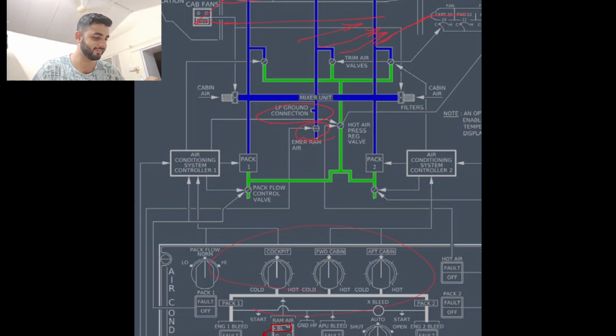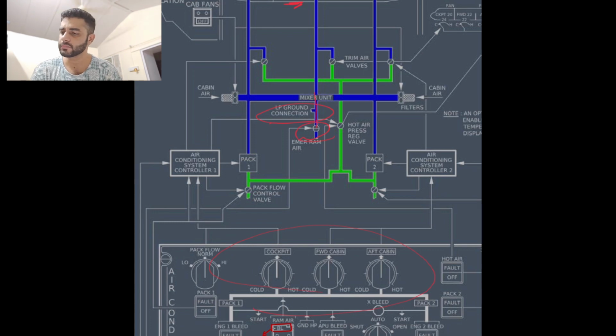Sorry. Supposing that's our aircraft, we have a ram air like this, one flap type thing in the center, and it just pops out. Because the aircraft is flying, the air gets into the mixer unit, and this will supply air. But again, you can't regulate that air as such.